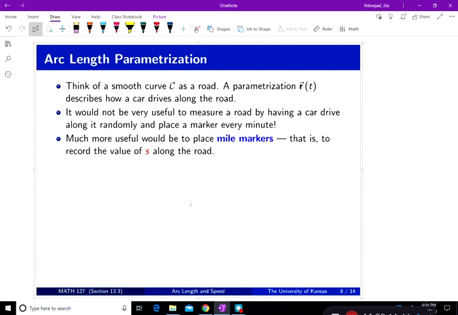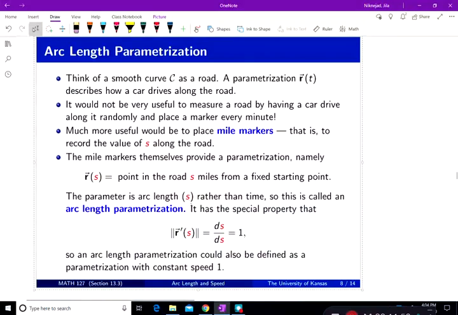And so you are recording the value of s on the road, the value that s of t, the arc length function, is taking. The parameter that we are using there is going to be s.